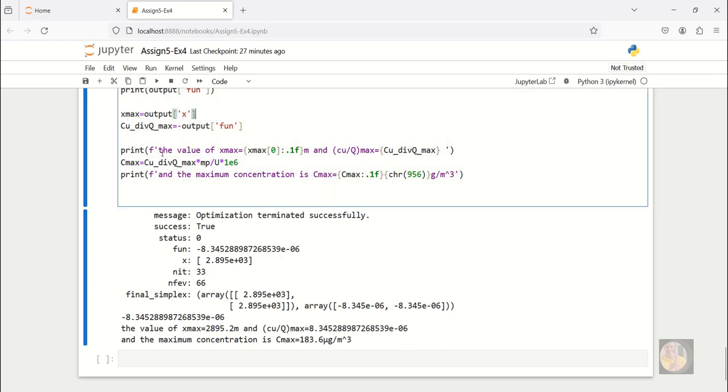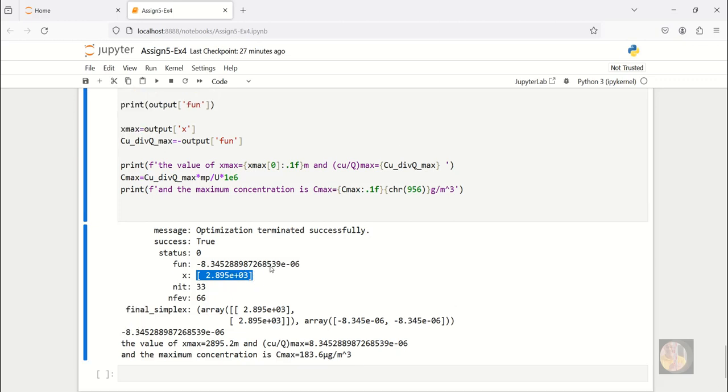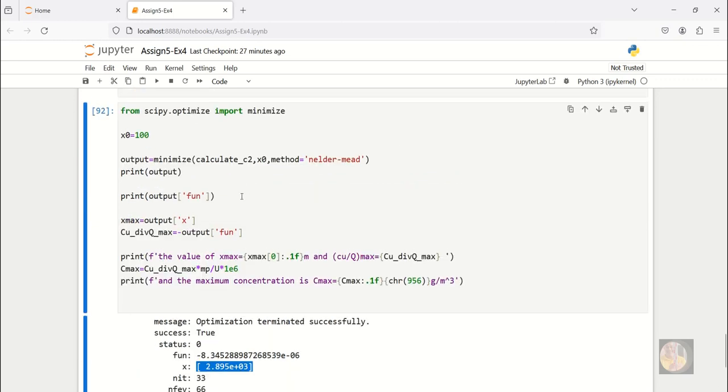The output of x in reality will be a list. So you should put list of 0 because this function can be used for multi-variable functions. Okay, yeah, you can optimize f of x and y or f of x, y and z. So that's why I calculated x max, and for this x max I take the value 0 to grab the value.